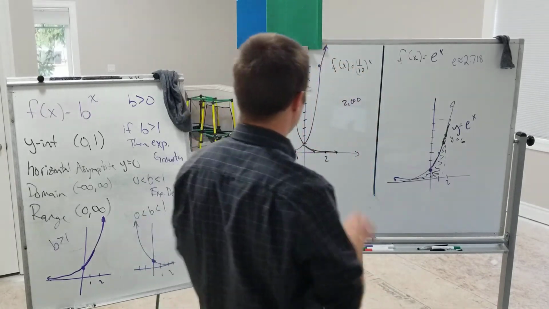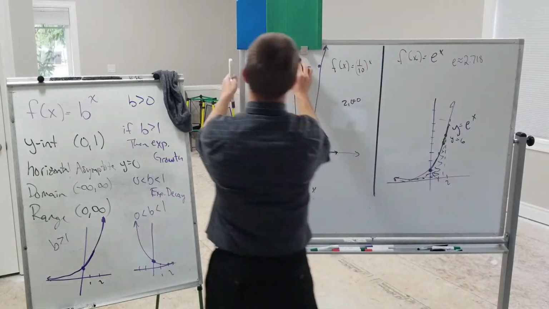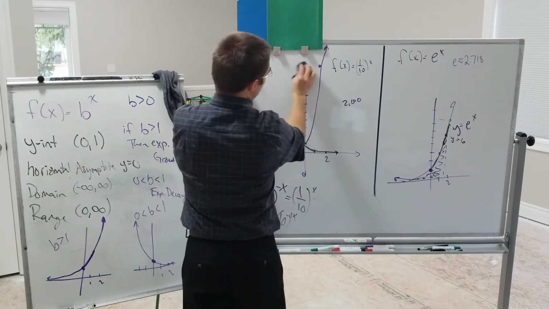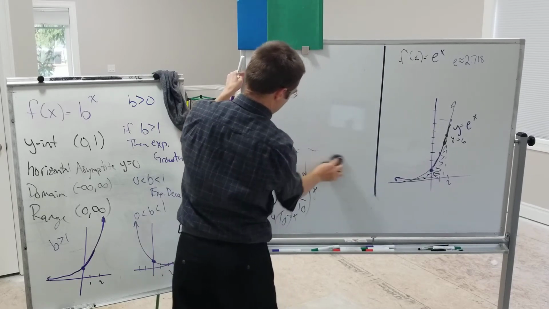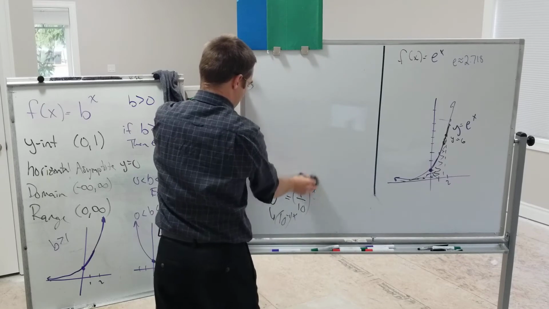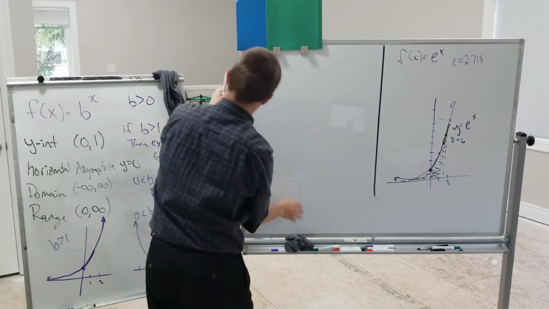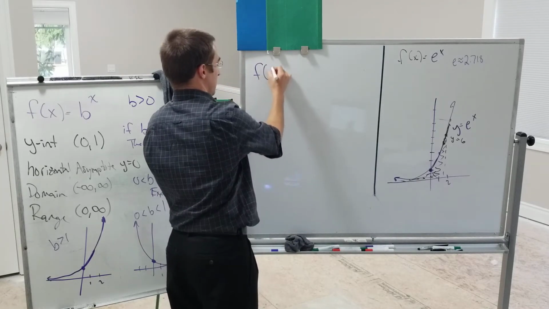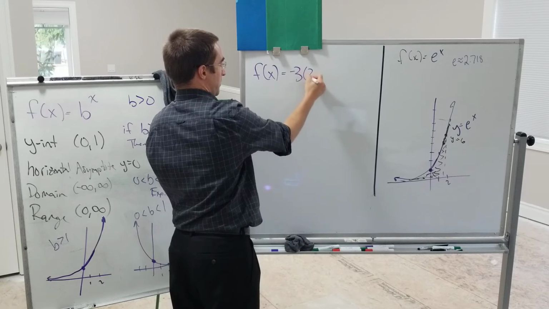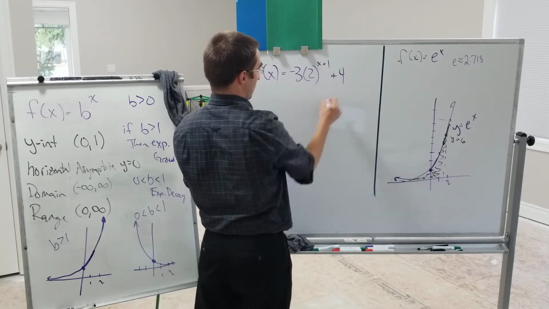All right, so those are some basic functions. We're going to talk about making a couple of transformation graphs. All right, let's say we have f of x equals -3 times 2 to the x plus 1 plus 4.